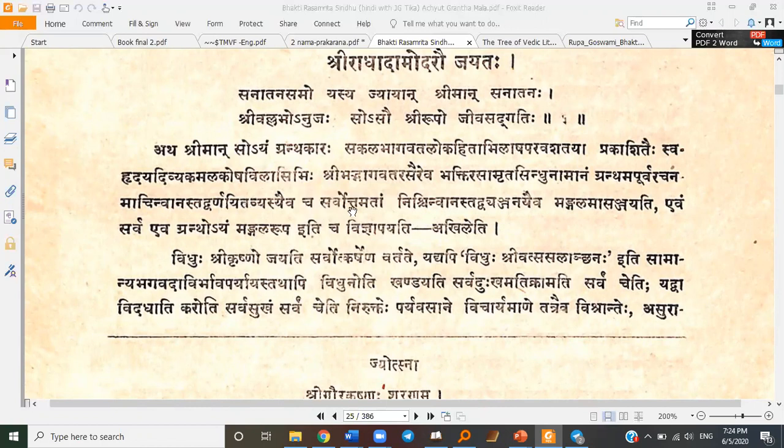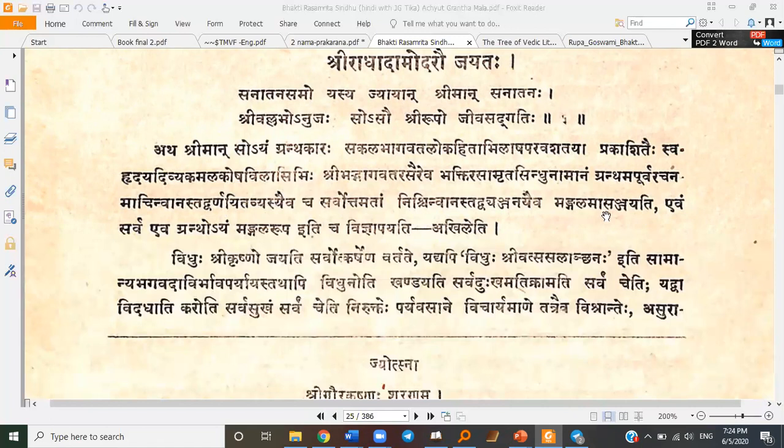So to describe it, to indicate the Sarvottamata of the book, of the matter, he is Mangalam Asanjayati.